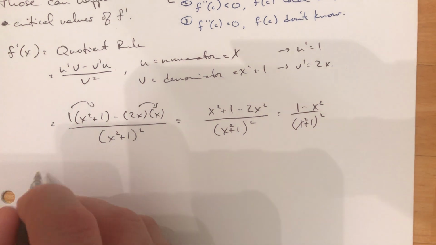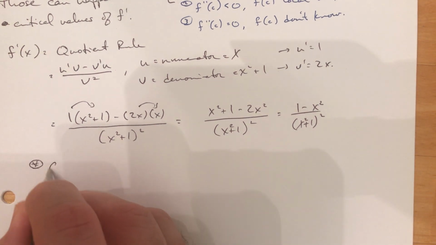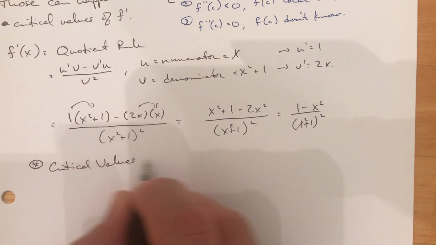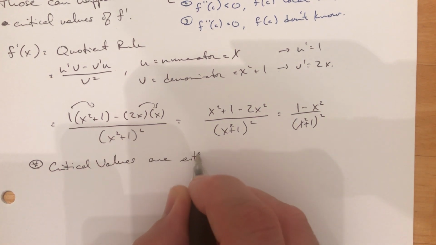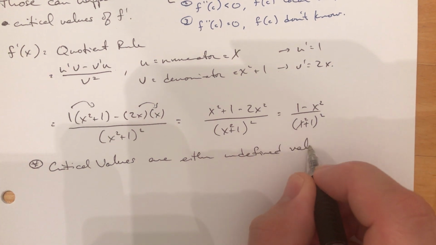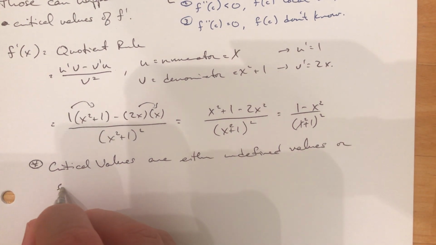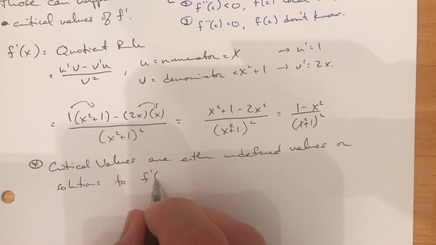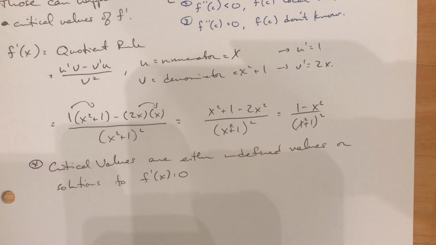How do we find the critical values? Those are either undefined values or solutions to f prime of x equals 0.